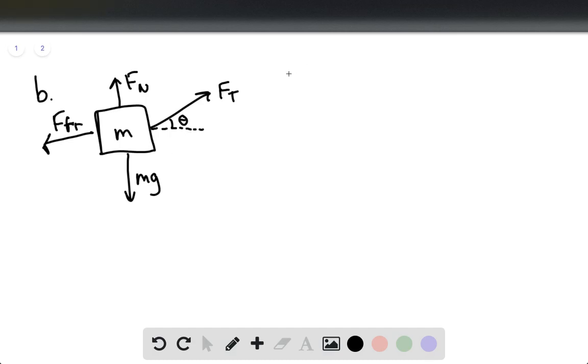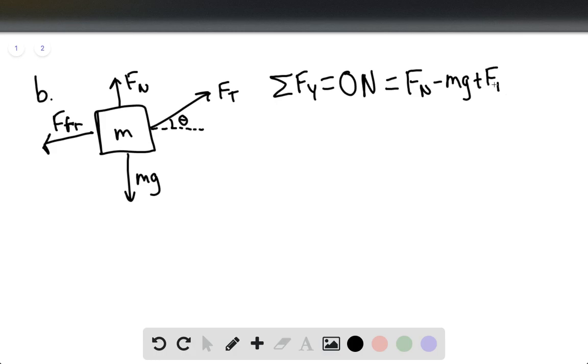So here we can say, first of all, the y direction is now changing because of force tension. In order to solve for the force normal, sigma F in the y direction still equals 0 because we're not moving up or down, we're only moving left to right. But this will equal force normal now minus mg plus force tension sine of theta.